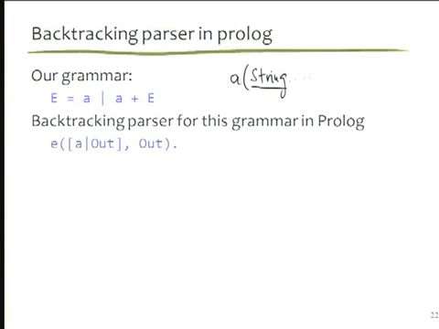we'll pass the string here, and at the end of the parse, we expect an empty input. So you could think of it that this is the input string, and this is, sorry, I should say E, and this is the output. Or maybe I should call it the rest of the input.